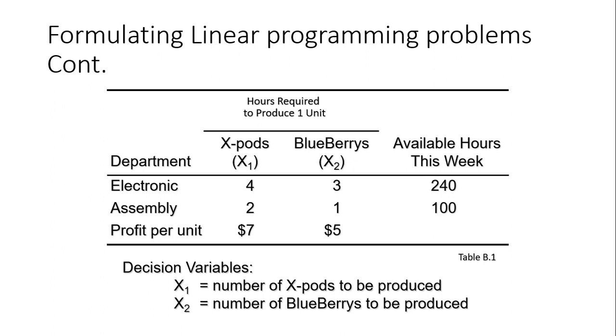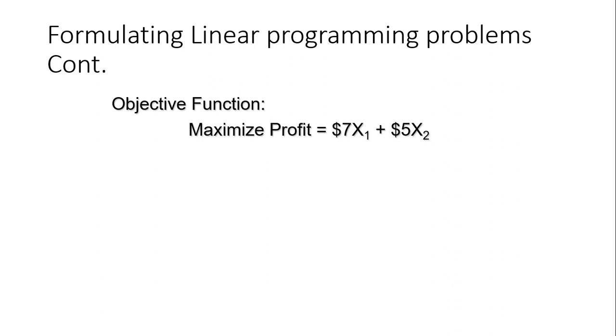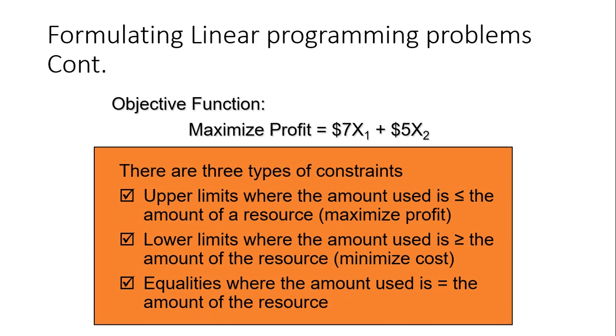The profit per unit for X1 is $7 and the profit per unit for X2 is $5. Here is the objective function: maximize profit equals $7 times X1 plus $5 times X2.